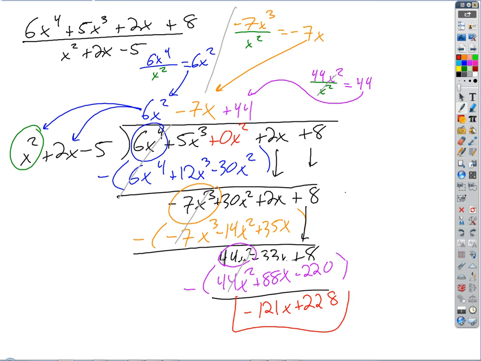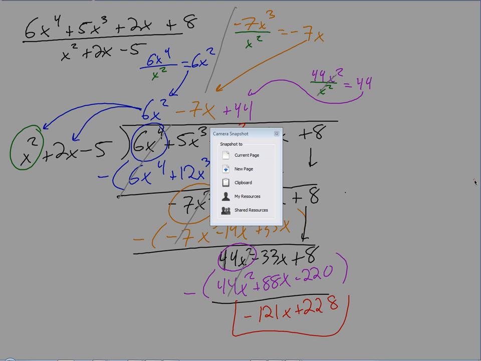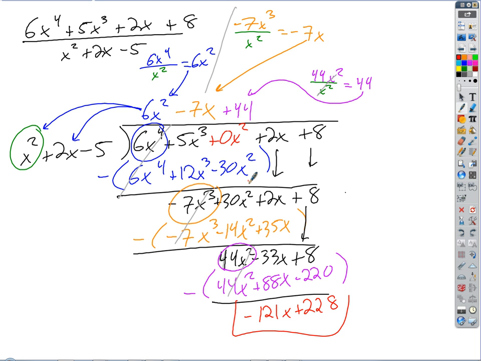So then how could we write this answer up here? We could say it's divided by that bottom part. So let's write out the answer to this thing, right? So we end up with that.